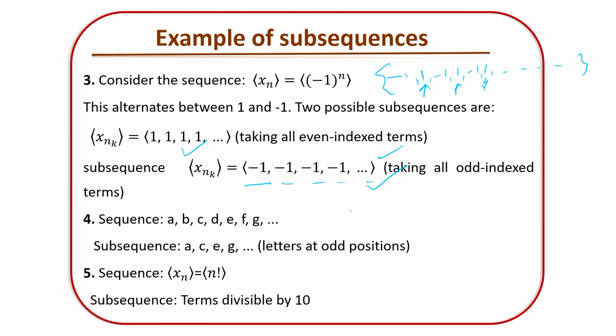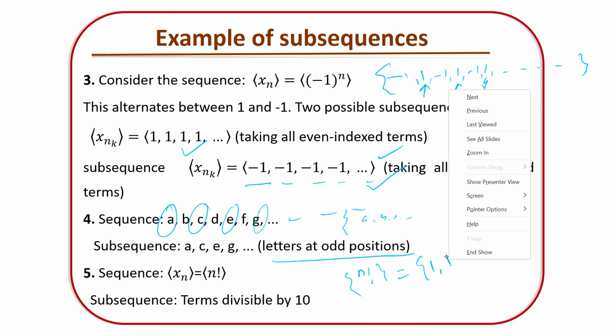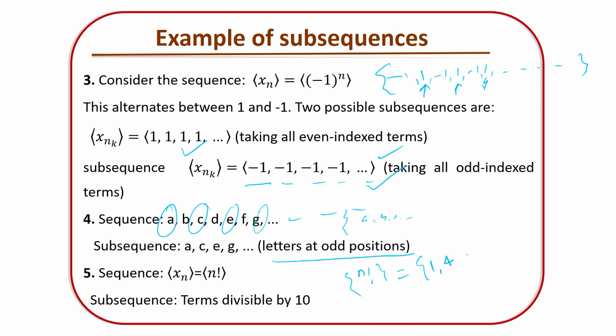Similarly, we can have a sequence A, B, C, D, and so on, and we can have a subsequence of letters at the odd positions. So we have A, C, E, G, and so on, right? Now consider the sequence n factorial. I can write this sequence as: the first term is 1, the second term is 2, the third term is 6, then 24, then 120, the sixth term is 720, and the seventh term is much bigger, like this, right?